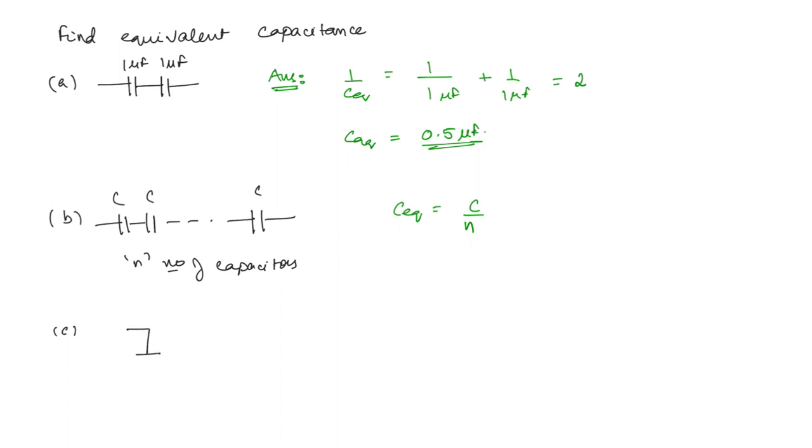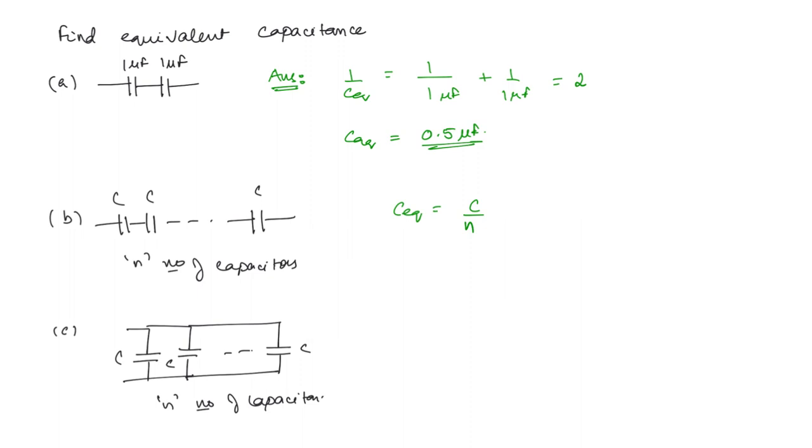In parallel there are n number of capacitors, C, C and so on till C. They are equal. Remember, we are talking about equal values of capacitance. Then what will be the value of C equivalent? This is equal to n times C.